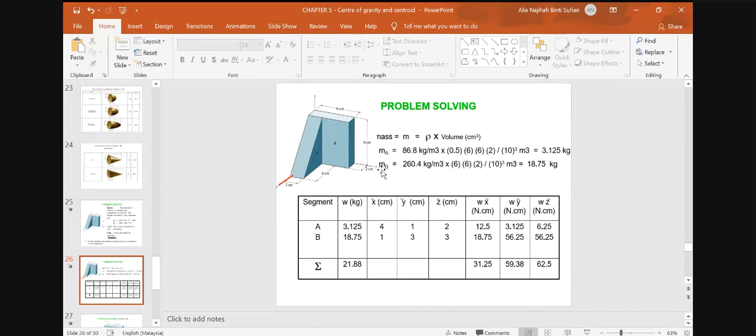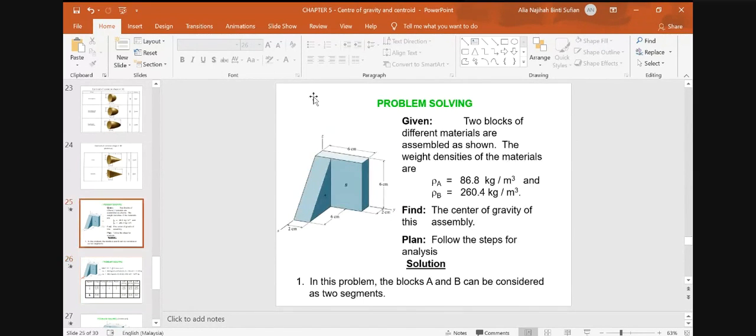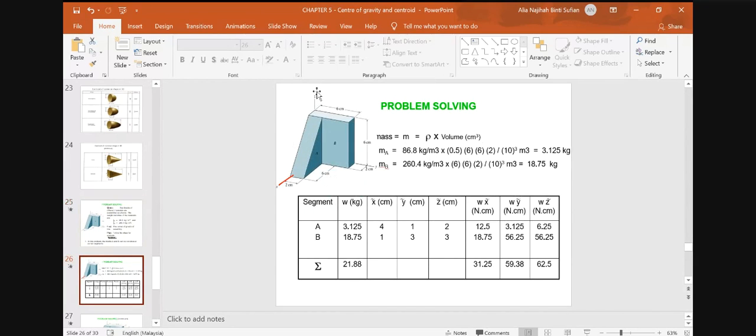The length of y is 6 centimeter. We cut it in half, we get y bar equal to 3. In the same manner, for the z-axis, the total length is 6 centimeter as well. Divided by 2, we have 3. Do you understand for part B? Yes.